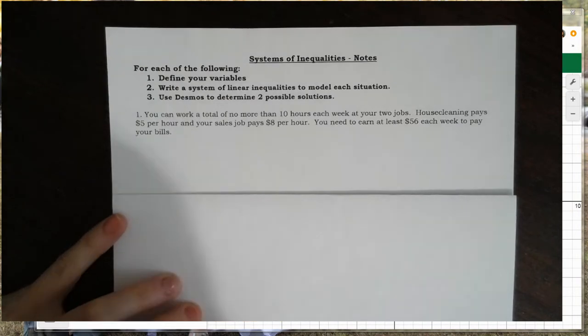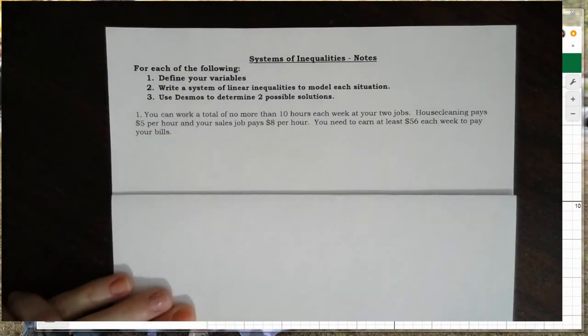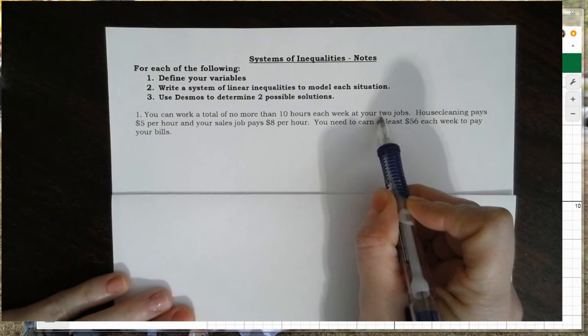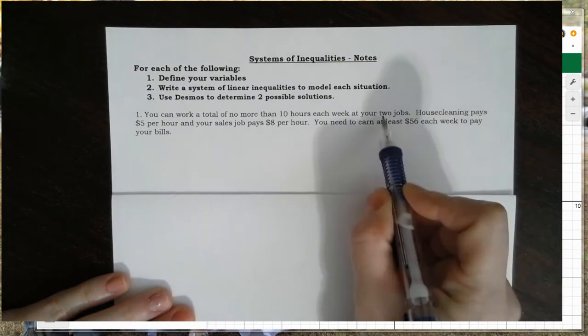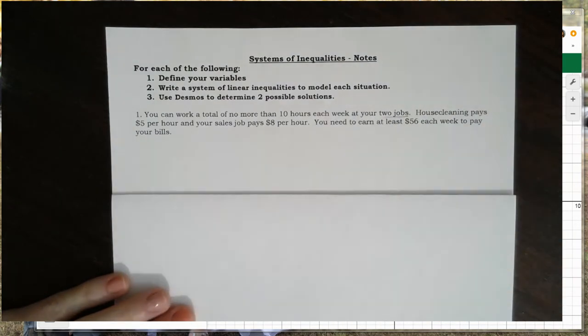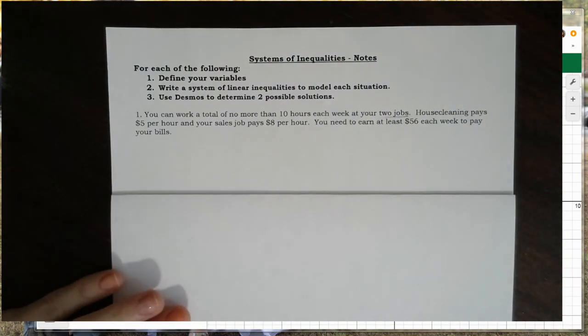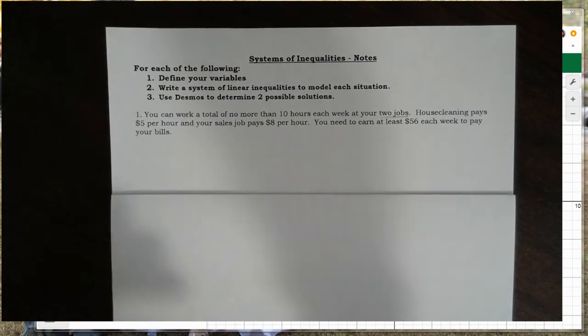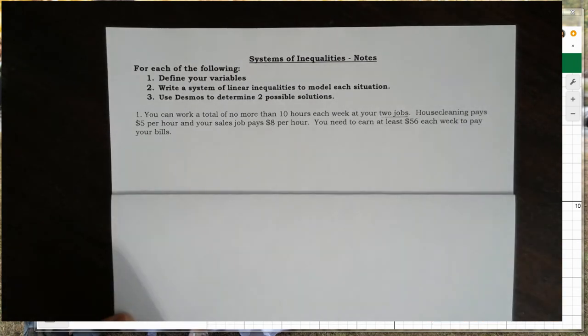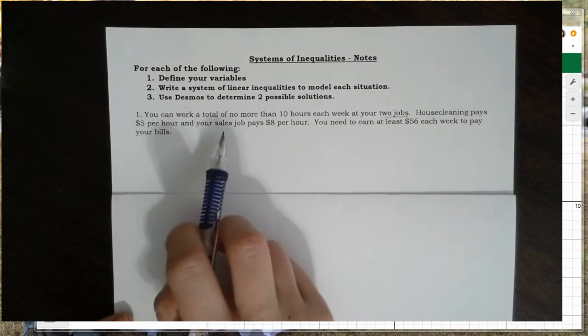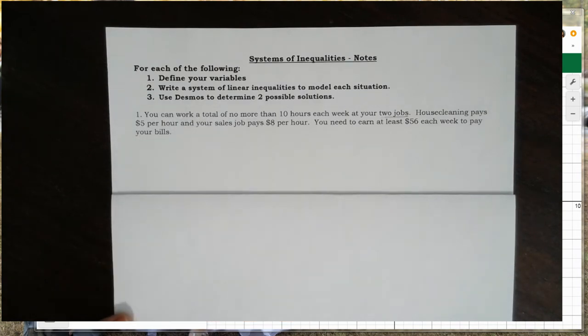So we can work no more than 10 hours and we have 2 jobs. This is kind of dinging my head to think I might want to be thinking about defining X and Y as my jobs. So I do house cleaning for $5 an hour and a sales job for $8 an hour.